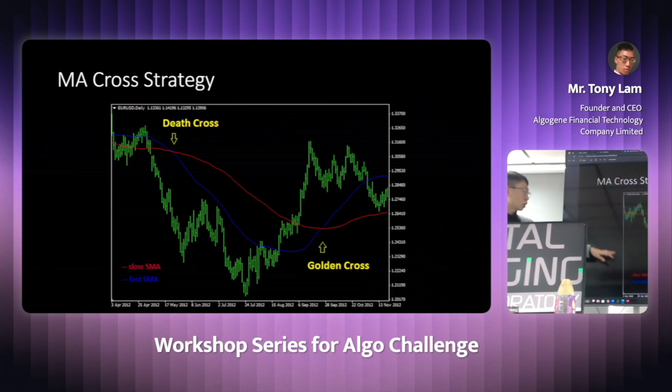On the other hand, if we observe that the fast MA crosses the slow MA from up to down, then we call it the death cross. We suggest that the market is trending downward. So it is a very simple technical strategy based on technical indicators. We will try to apply this kind of trading idea.